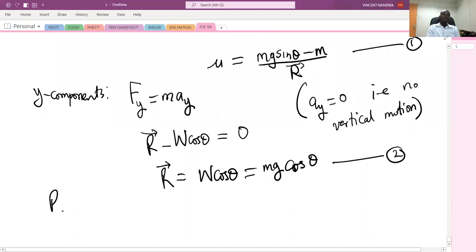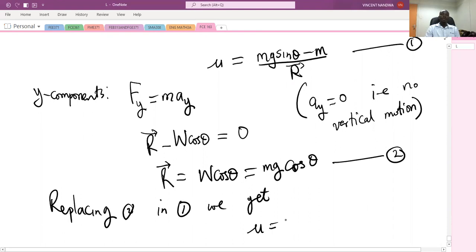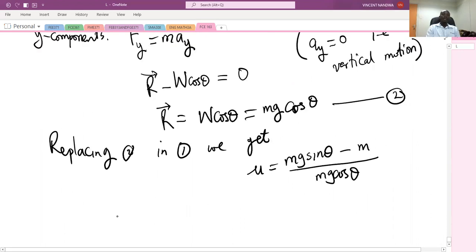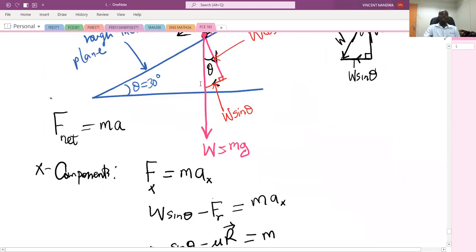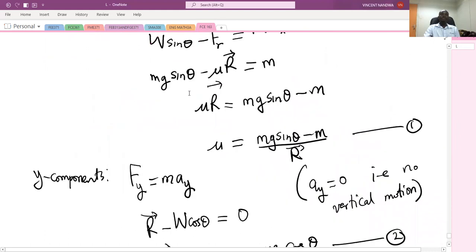So replacing 2 in 1, we get that mu is mg sine theta minus m divided by mg cosine of theta. But remember, theta is 30 degrees, g is 9.8, and m, the mass of this particle, is given as 2 kilograms.